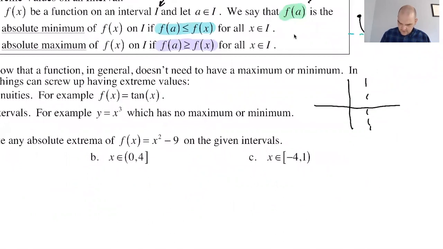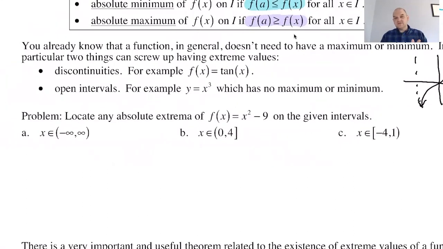I'm going to put in some asymptotes. And then let's sketch in tangent. Tangent does not have an absolute max or an absolute min on its domain. We could restrict it, but there just isn't one, right? Because you go up to infinity, you go down to negative infinity. So if you have discontinuities, it is possible that you will have no absolute max or min.